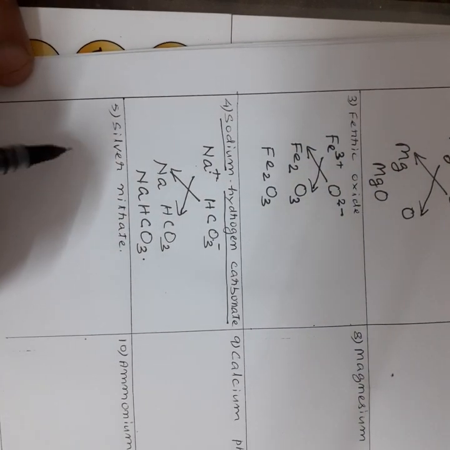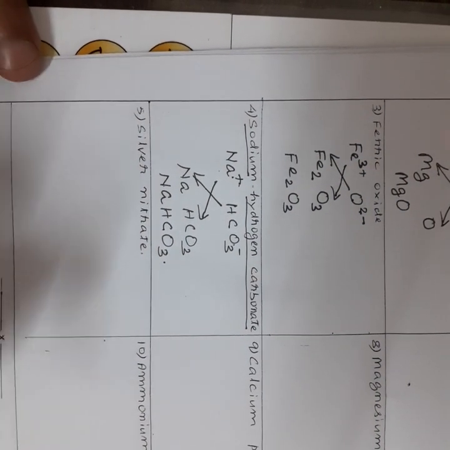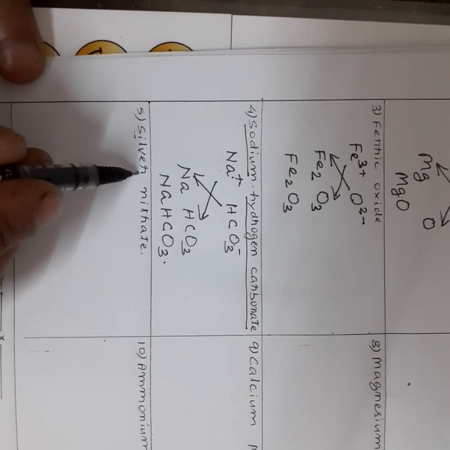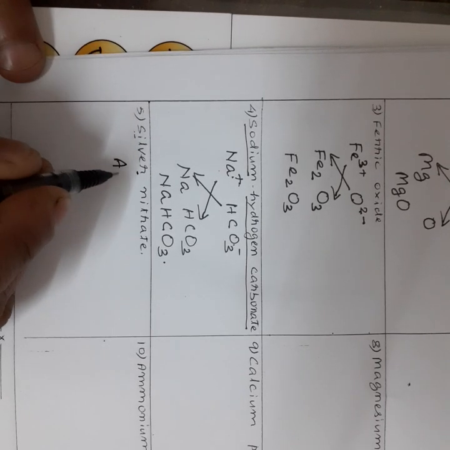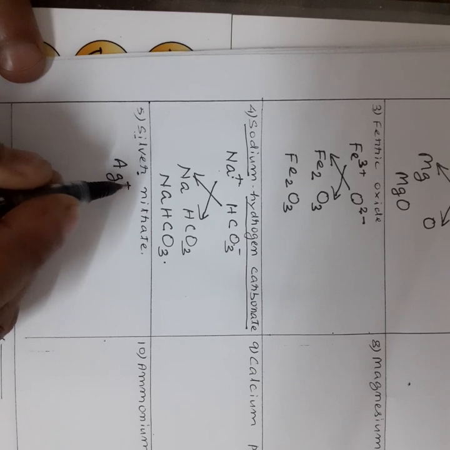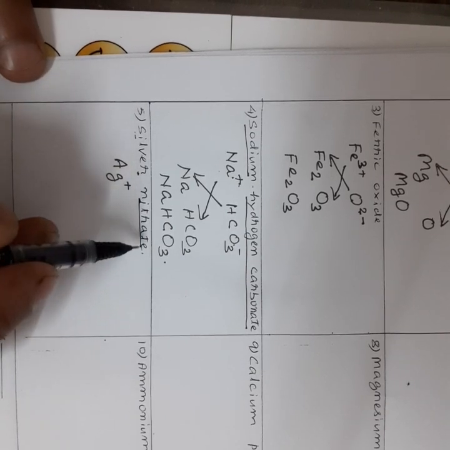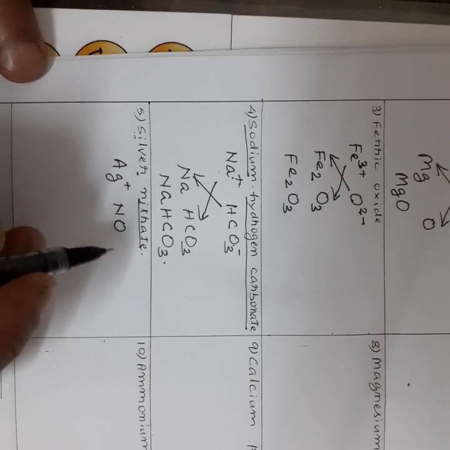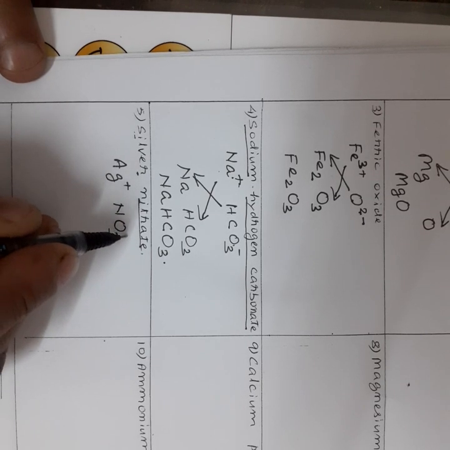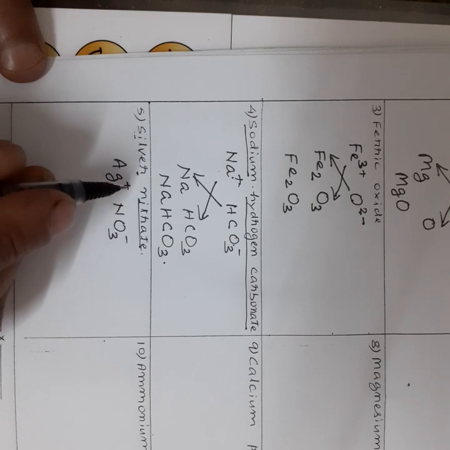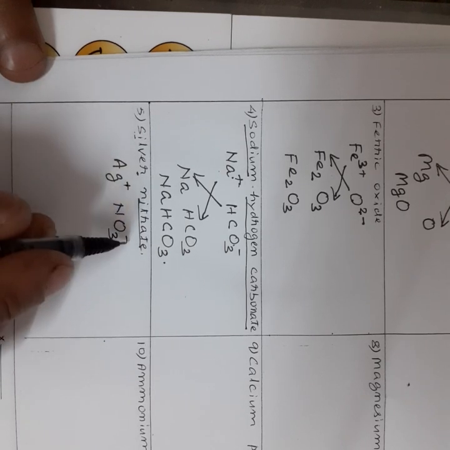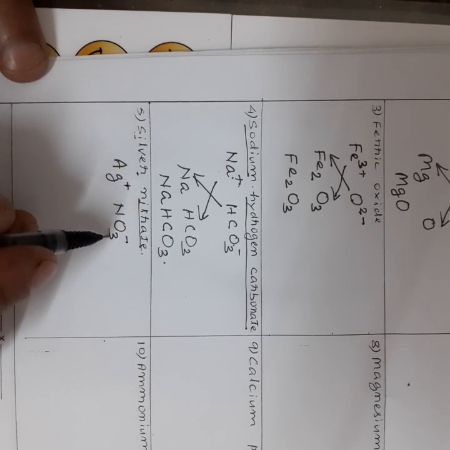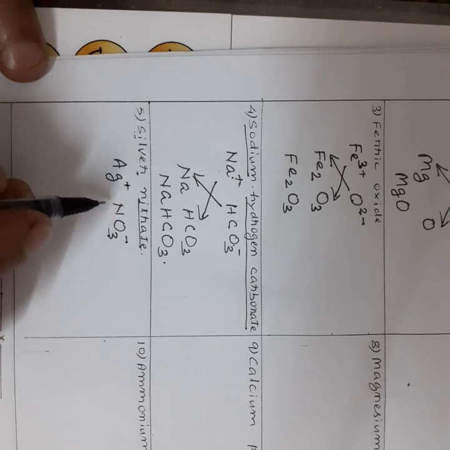Next, listen carefully to this so you don't get confused. The positive here, silver ion, we know from our starter is Ag1 plus. Nitrate ion is a negative radical, electronegative to be specific, NO3, 1 minus. Since the valencies are here 1 plus and here 1 minus, remember 3 is not at the top, so it's not a valency.